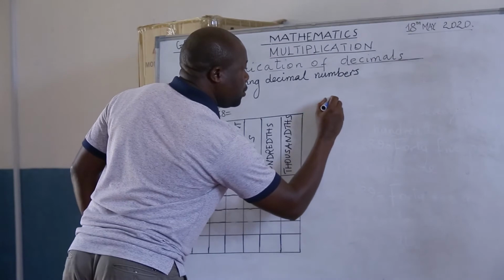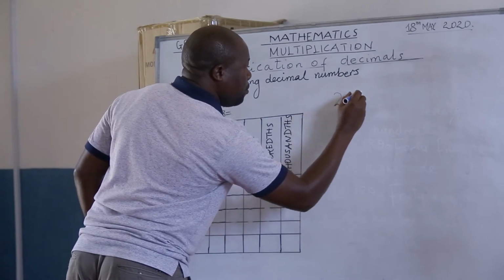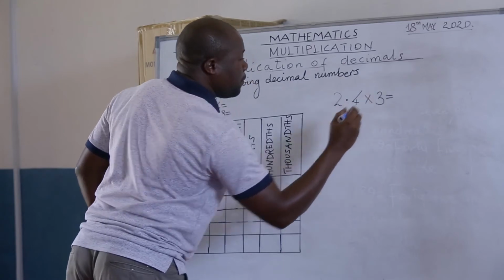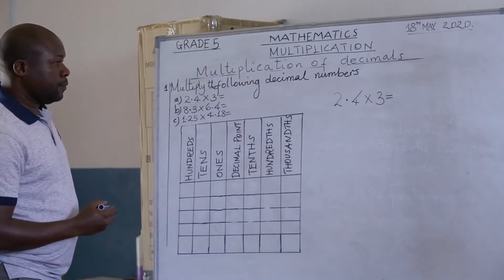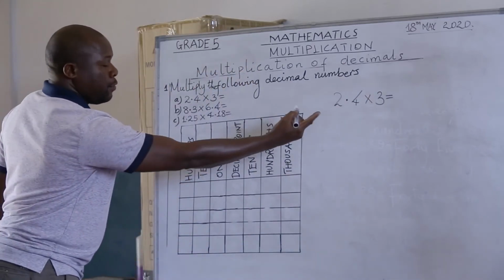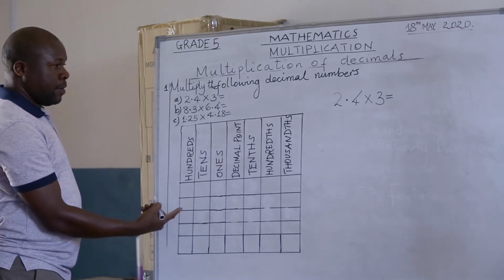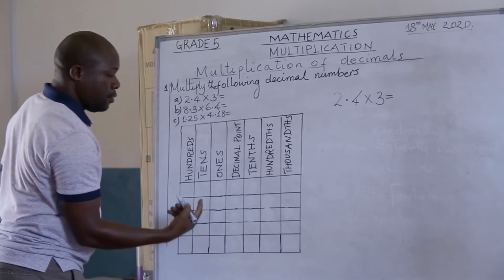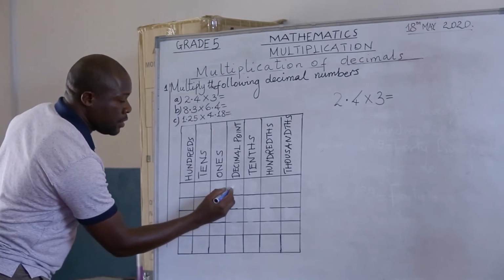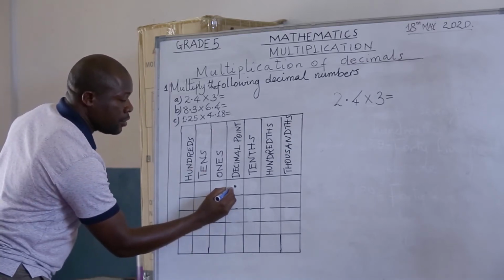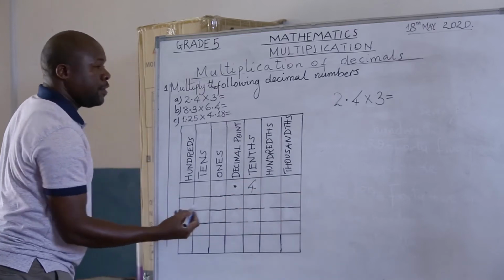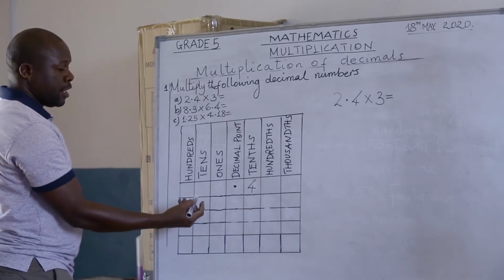Take 2.4 multiplied by 3. Now, let us take those numbers and insert them in the place value chart. Take the number 2.4, put it in the place value chart, start with the decimal point, then number 4 is written on the right hand side of the decimal of the place value chart.